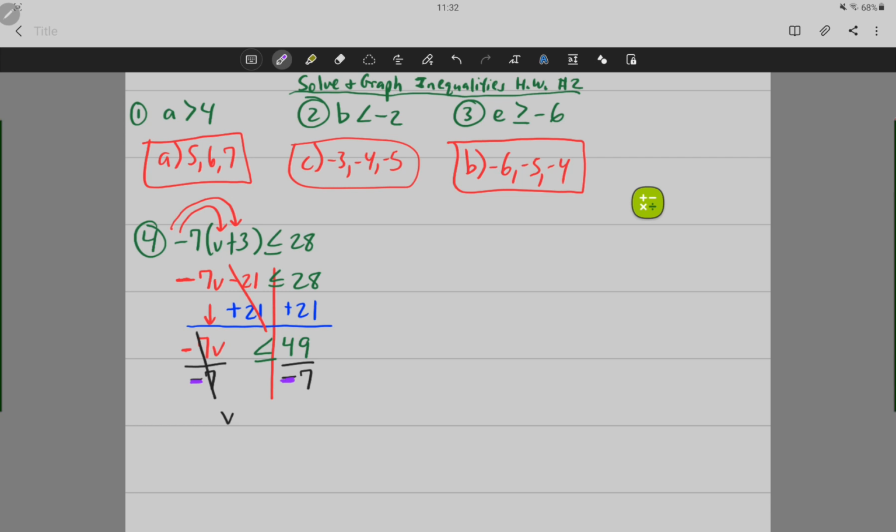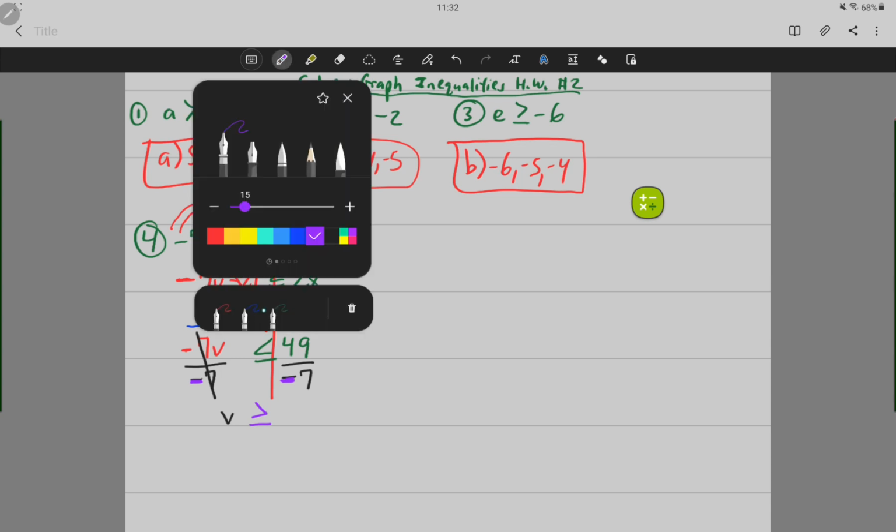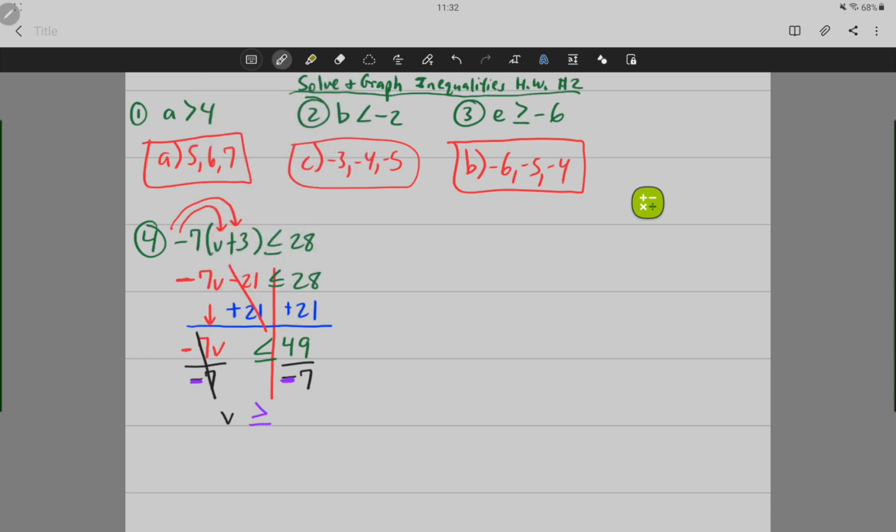Anytime that happens, you must flip the inequality symbol the opposite direction. So instead of less than or equal to, it will now say v is greater than or equal to. And we can just divide. Positive divided by a negative is a negative. And 49 divided by 7 is 7. So 49 divided by -7 gives us -7.